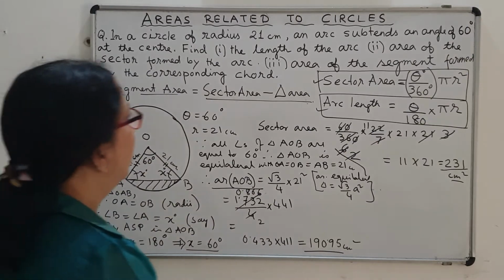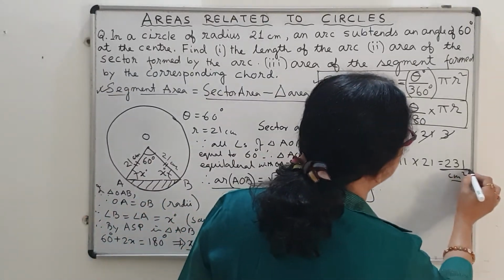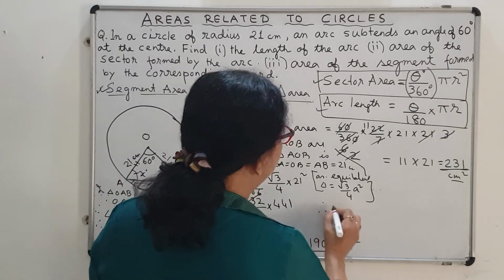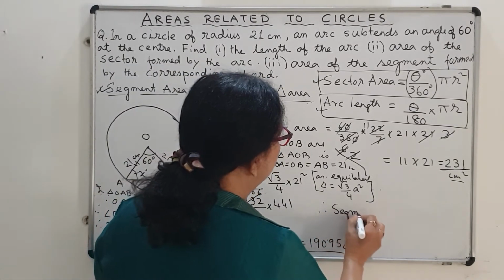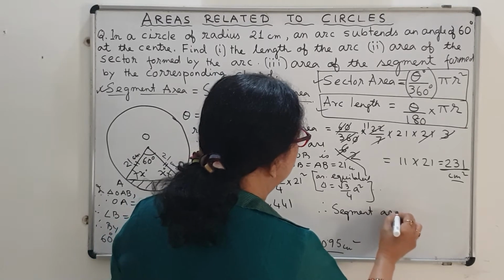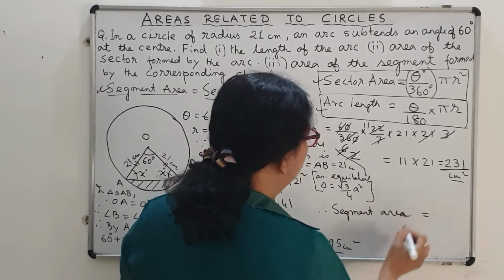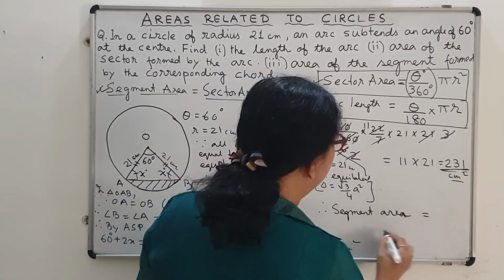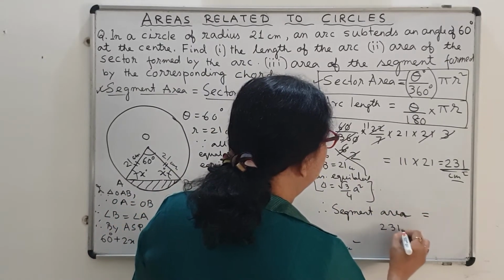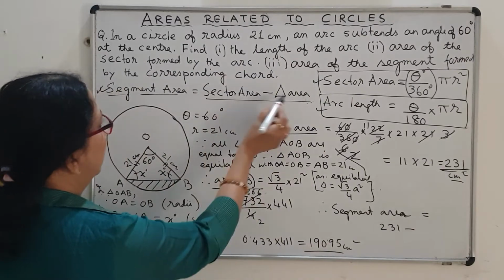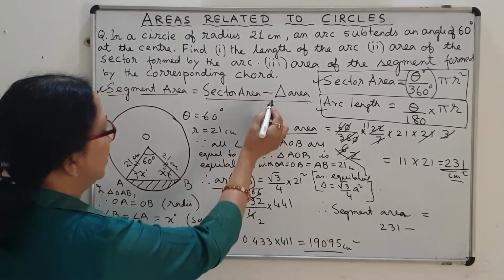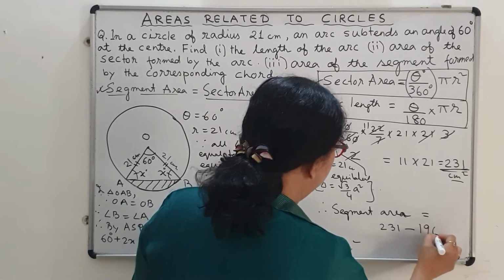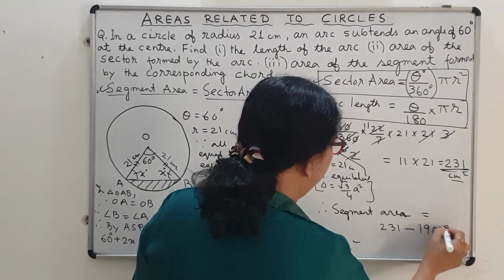Okay, and the sector area was 231 centimeter square. So therefore the segment area is equal to sector area, which came out to be 231, minus the area of the corresponding triangle, that is 190.95.